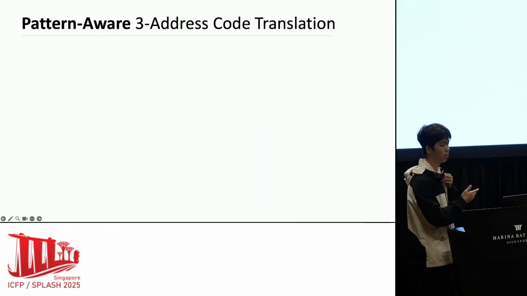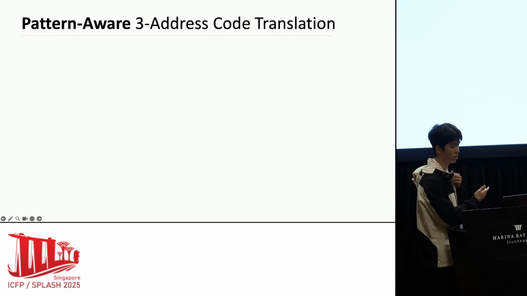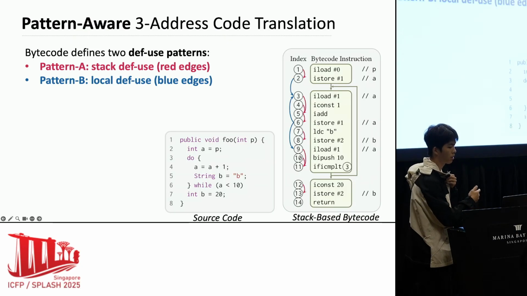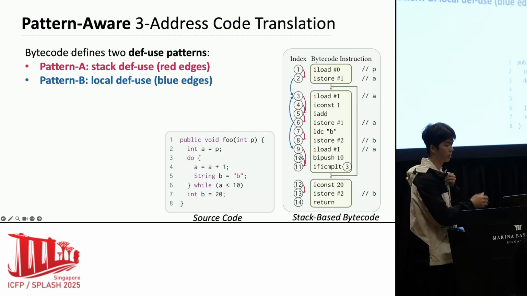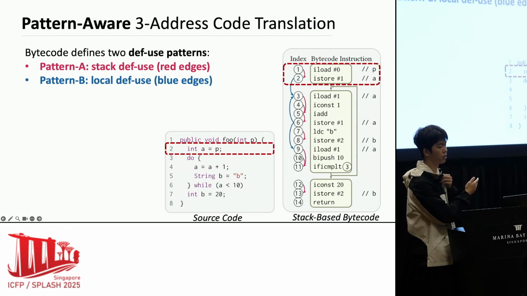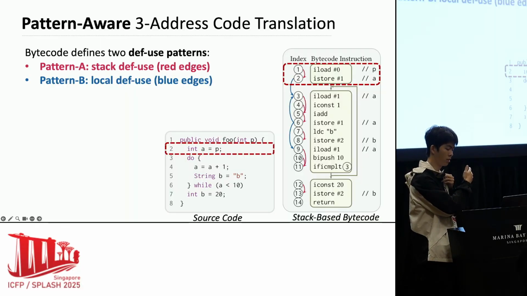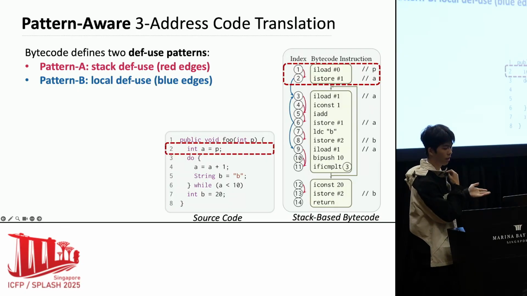For this problem, we propose our first approach, pattern-aware three-address code translation. Specifically, the bytecode defines two different use patterns, A and B. For pattern A, the red edges in the figure represent the stack defined use. For example, in the second line, a equals p, it corresponds to the first red edge on the right.